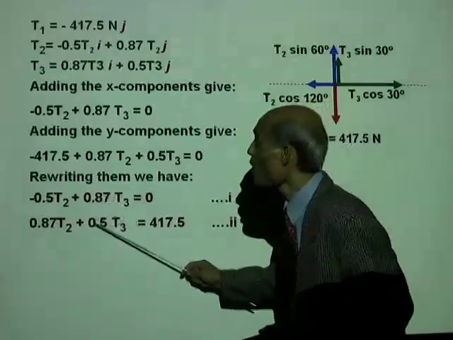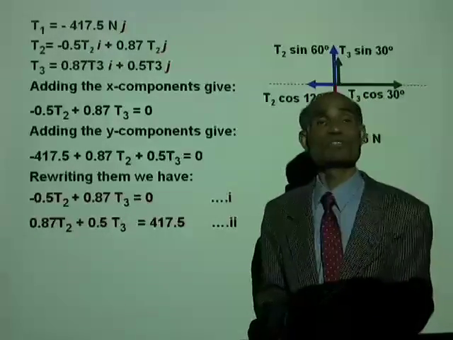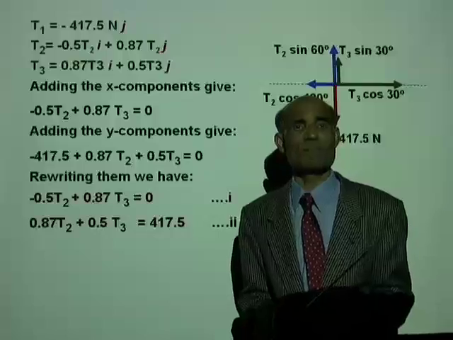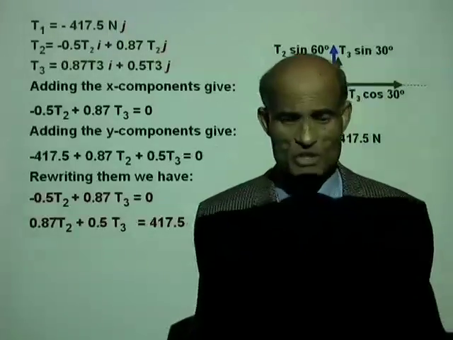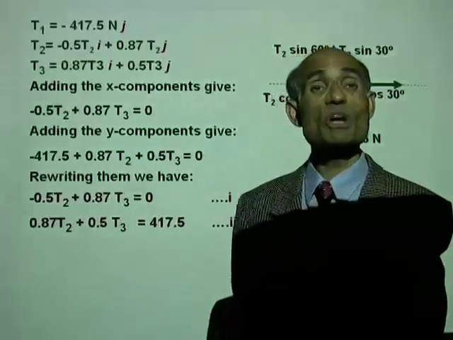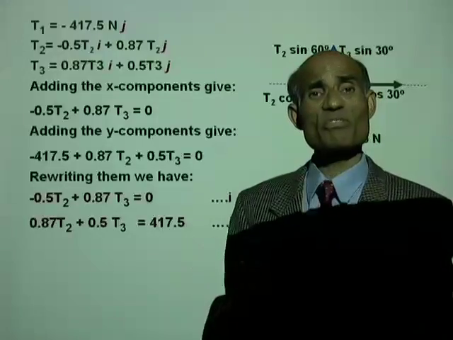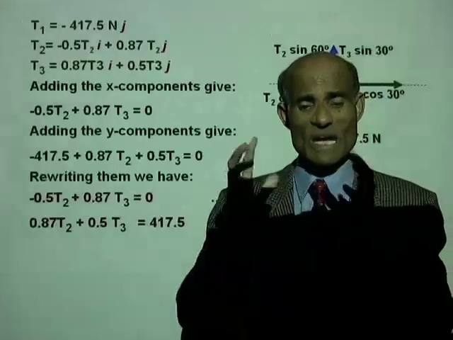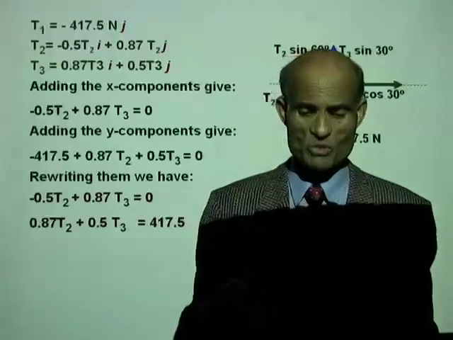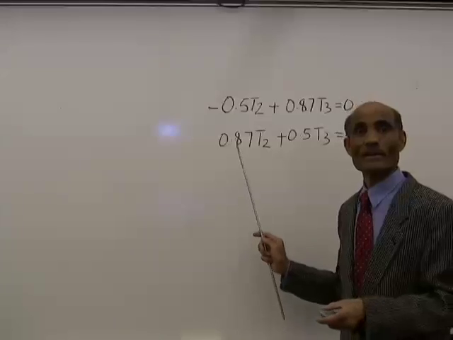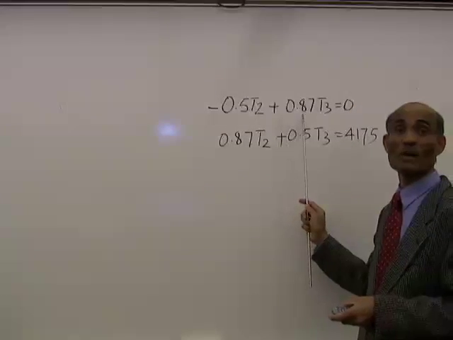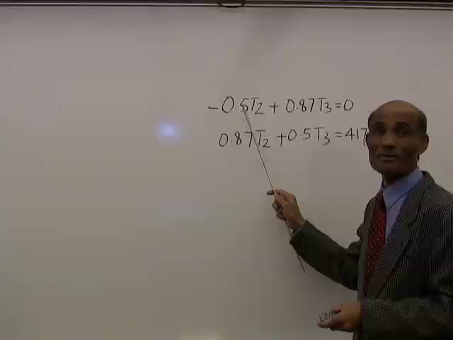Well, can you solve these equations on a calculator? Let me see if I can show that to you. I'm going to keep the calculator in front of the camera and see how best you can see that. Now, these are the 2 equations we have.